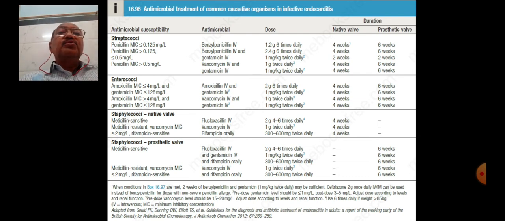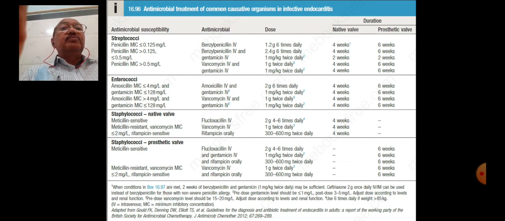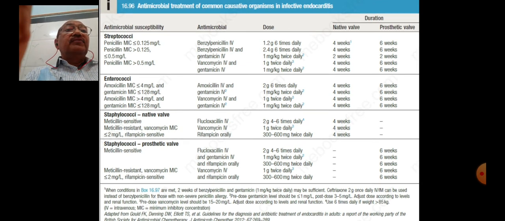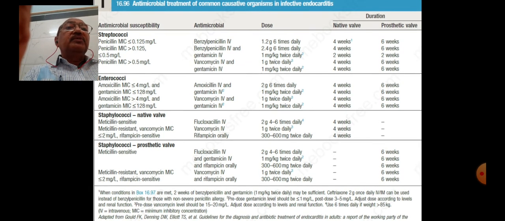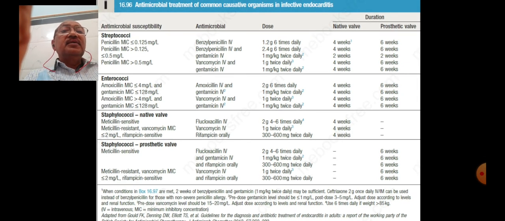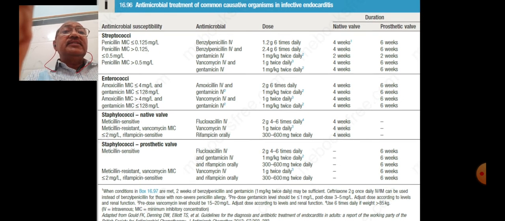For streptococcal infection, we have penicillin G, that is benzyl penicillin, which we give intravenously, 1.2 grams 6 times daily. And then we have gentamicin and vancomycin.